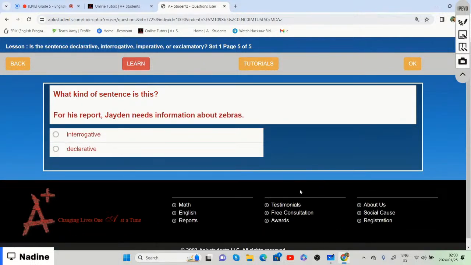All right, then the last one. For his report, Jaden needs information about zebras. So is this an interrogative sentence or a declarative sentence?